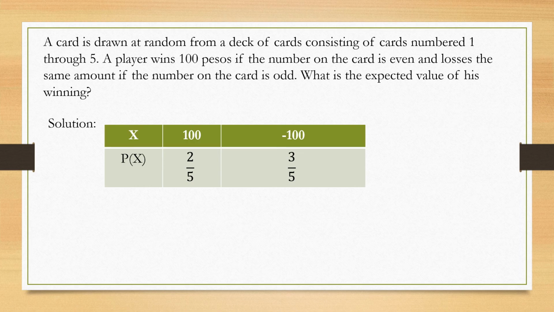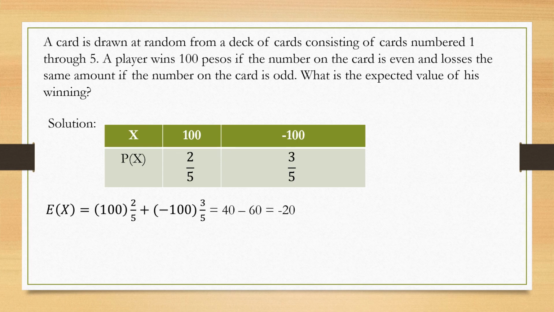Then we have negative 100 because the player will lose the same amount when the number on the card is odd, so 3 out of 5 is the probability. Now we can compute the expected value. The expected value is equal to 100 times its probability, which is 2 over 5, plus negative 100 times 3 over 5 as its corresponding probability.